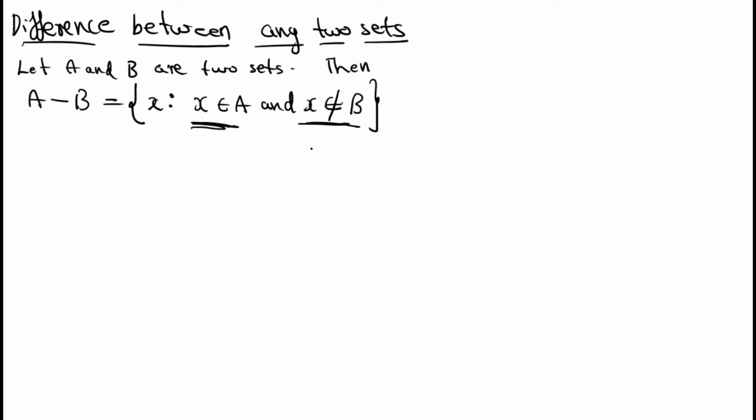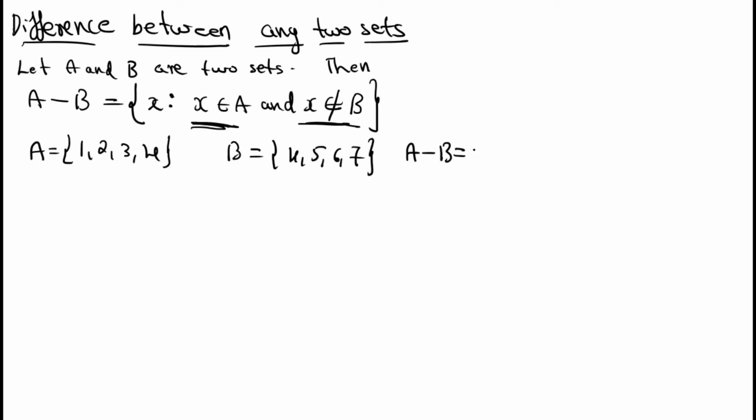A minus B means you need to write all the elements of A, but those elements must not be in B. In the example, set A is equal to 1, 2, 3, 4 and set B is equal to 4, 5, 6, 7. Find A difference B. It is all the elements of A, 1, 2, 3, 4, which are not in B. You're not bothering about set B, we need to check A only.